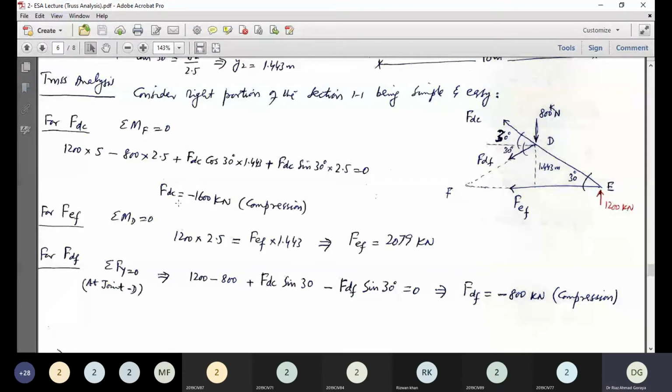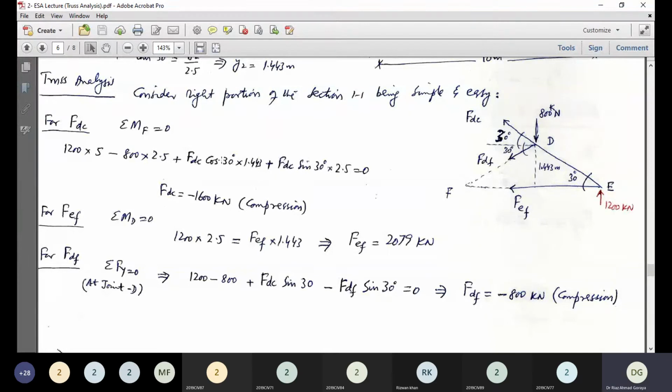So we will write the expression, that is 1200 into 5, taking the distance from F, minus this 800 into 2.5, this distance, plus FDC cos of 30, this horizontal component, into this 1.443, plus FDC sine of 30, this is the vertical, into this horizontal distance 2.5, equal to 0.